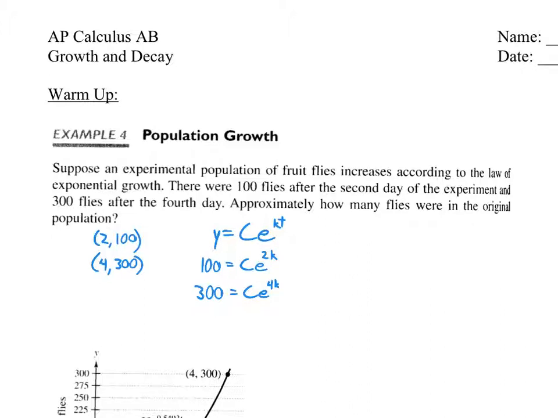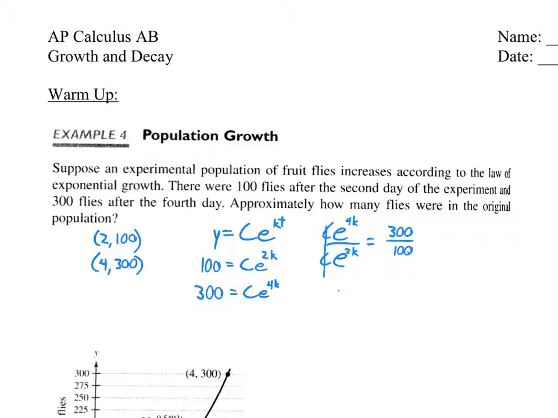And remember this is similar to back when you were doing geometric sequences in pre-calculus. You can set up a proportion to solve these. We have e^(4k) over e^(2k). Well, the C's were there too, but they cancel. And that's going to equal 300 over 100.